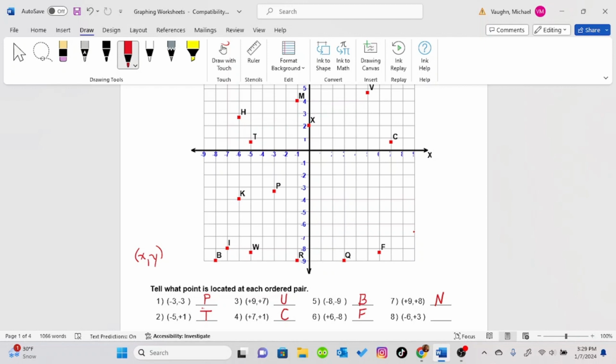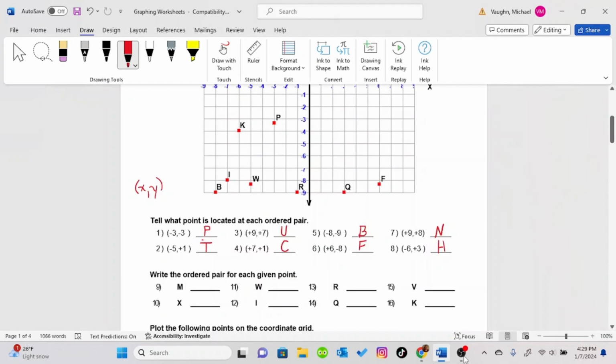That means we go left to x equals -6, up to y equals 3, and we're at point H. So this is how you take the point pair and locate the corresponding point on the graph.